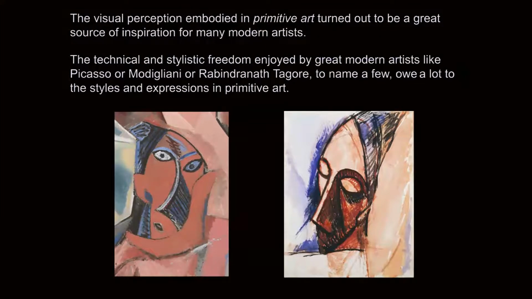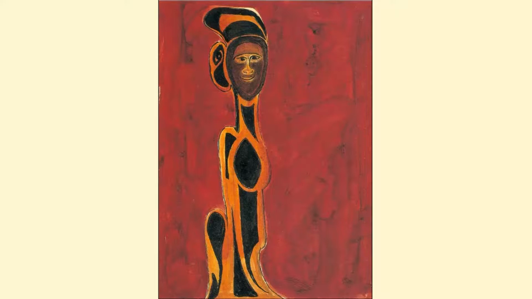You can see the detail of a face from a painting by Picasso, 1907, and this face has a very strong, profound, obvious kind of similarity with many African or Iberian masks. So Picasso, beside others, was one artist who was consciously borrowing this possibility of a different kind of visual perception that he found and discovered in African or Iberian or other primitive masks, and he was trying to employ these elements in his own artwork.